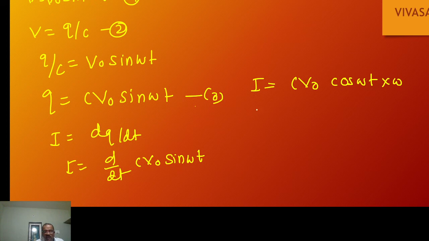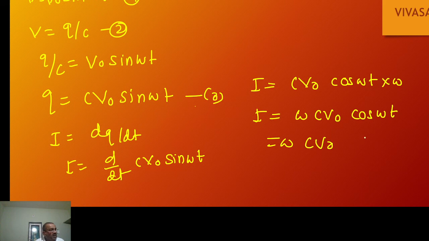I can write I is equal to omega C V naught cos omega t. That means after differentiation we got cos omega t, and you can write this simply as C V naught sin omega t.